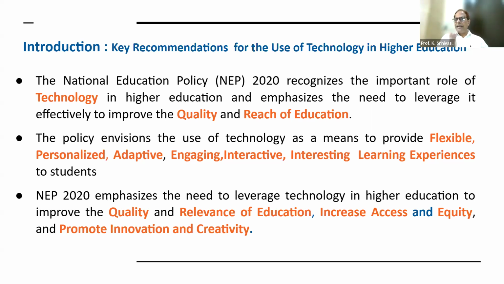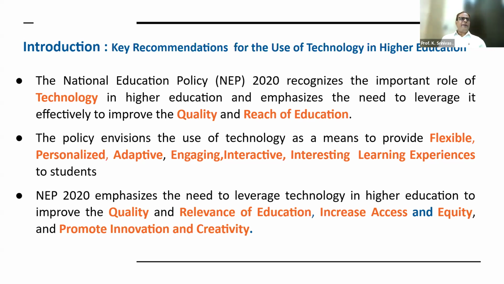When I'm talking about technology integration, there are three important verticals. The first is technology integration in teaching, learning, assessment, and pedagogy. Second, technology integration in governance and management. Third, technology integration in research. Here, technology means AI and non-AI also.